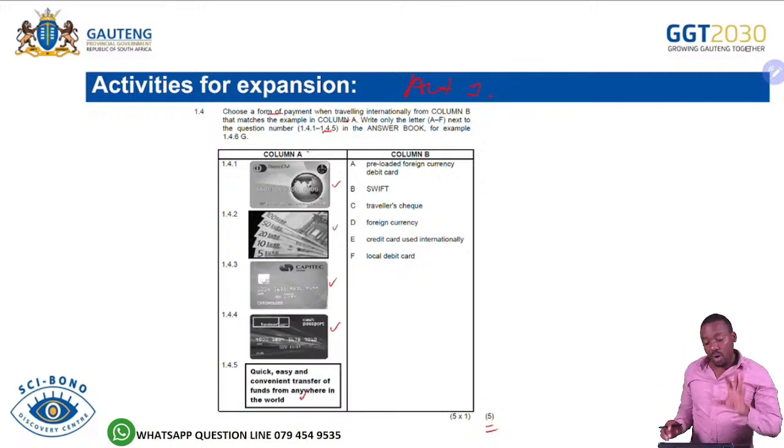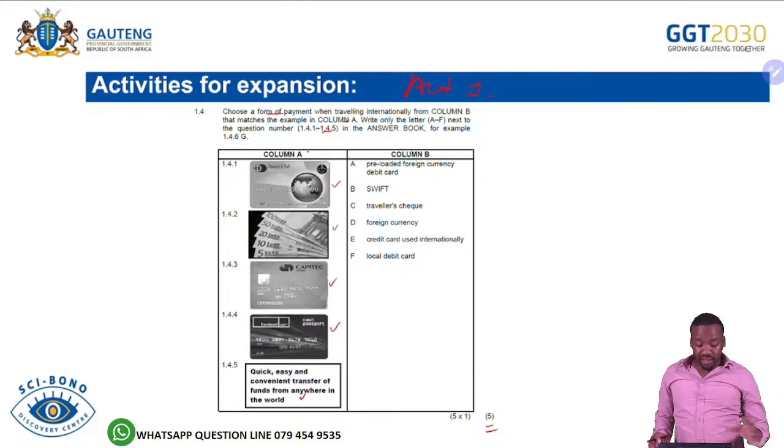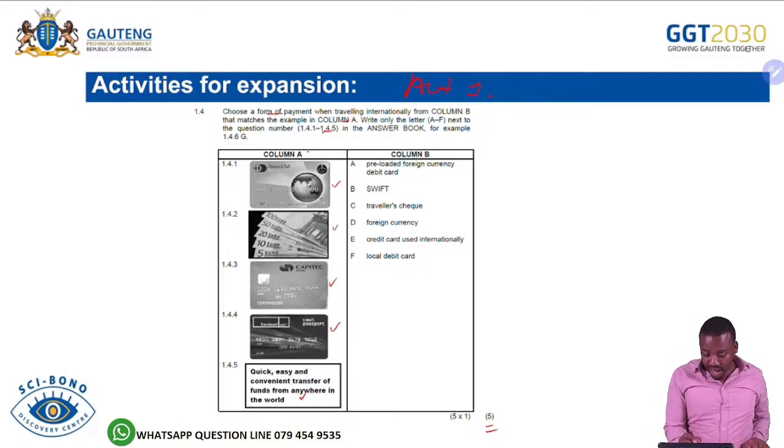Now there are pictures and also there is a description. Now let's check what we have. We are going to be matching the payment methods that we have on column B to the examples that we have there on column A. Then let's go to column B. On A, what do we have? We have a preloaded foreign currency debit card.